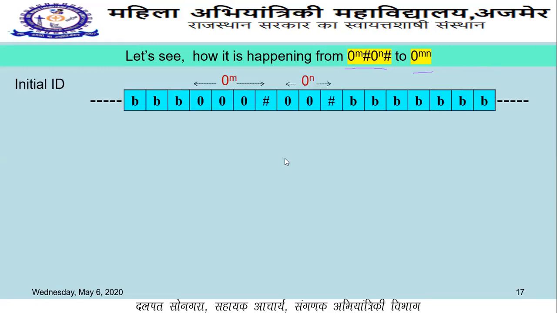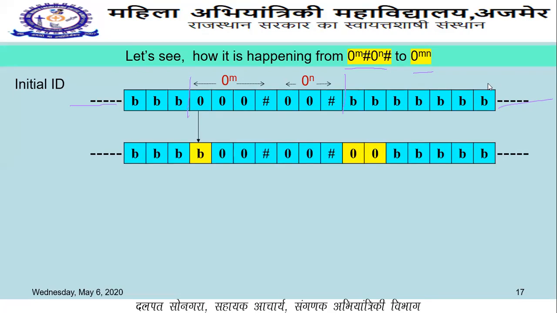As discussed earlier, initially we have the instance on the input tape of the Turing machine, which is infinite in both directions, with our input sequence surrounded by a number of blanks.